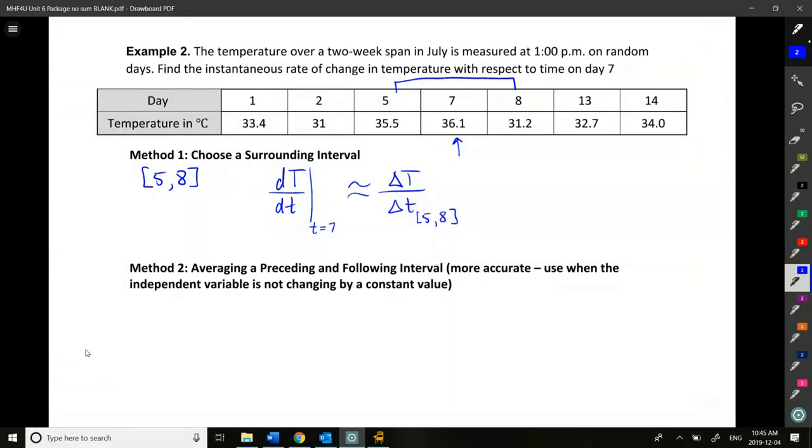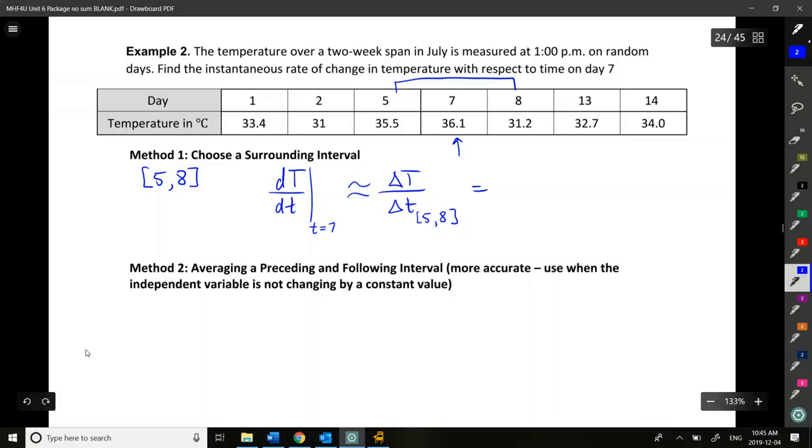So I am estimating the instantaneous rate of change when the time is 7 days with an average rate of change over day 5 to day 8. So it's actually over a span of 3 days. That's why we use this approximation sign here, because it's going to be approximately equal to the secant that connects day 5 to day 8, if we were to graph this out.